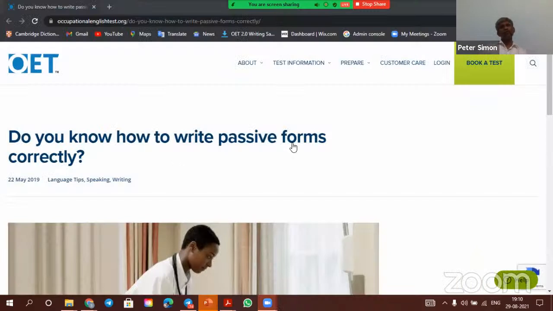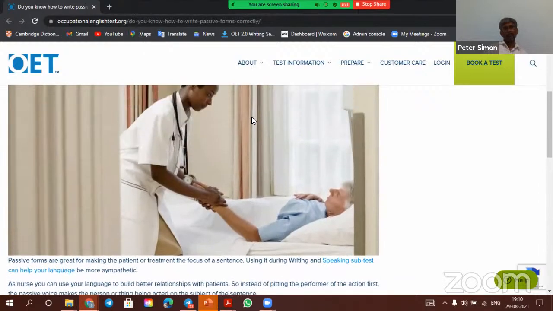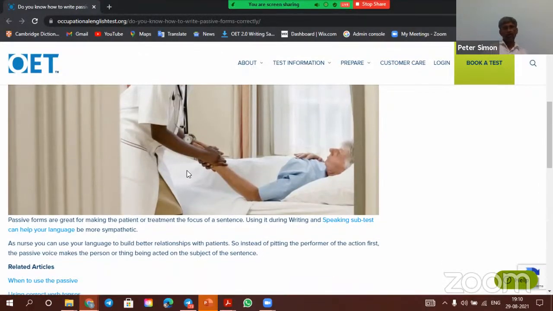Do you know how to write passive forms correctly? This question is asked by the official OET, www.occupationalenglishtester.org. So here you can see, and I'll increase the size.